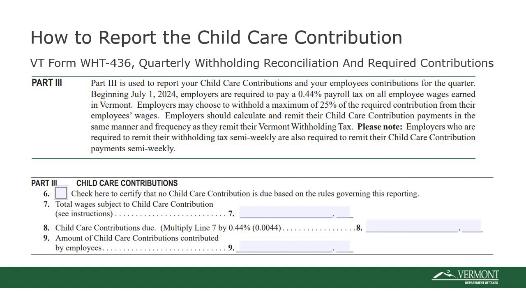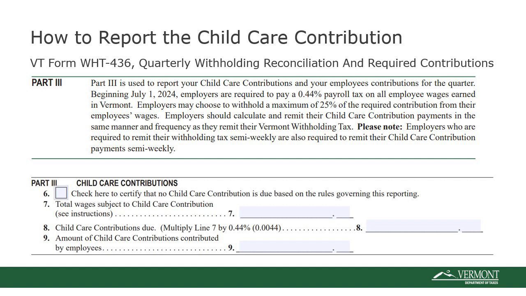If you do owe child care contribution, we have a spot here on line 7 for the total wages subject to the child care contribution. This could match line 1. It could not, depending on where your employees work and the rules around the withholding of the child care contribution. But you will input the wages subject to the CCC on line 7. You will multiply them by the 0.44%, because this is the full responsibility of the employer to pay.